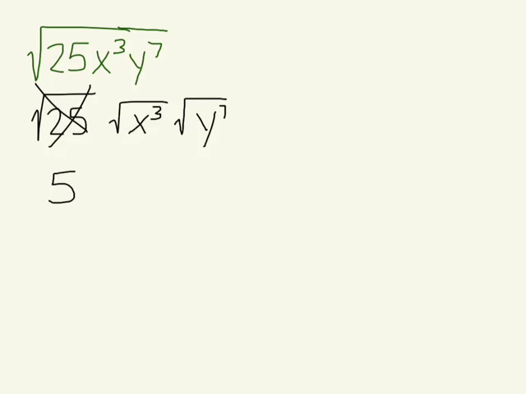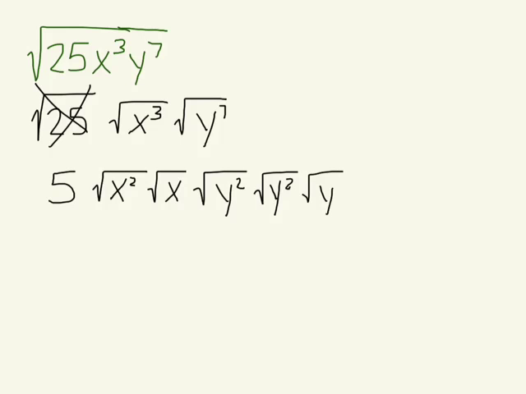Completely gone and done. X cubed is x squared times x. Y to the 7th is y squared times y squared times y squared times y, because we add the exponents, so 2, 4, 6, 7.